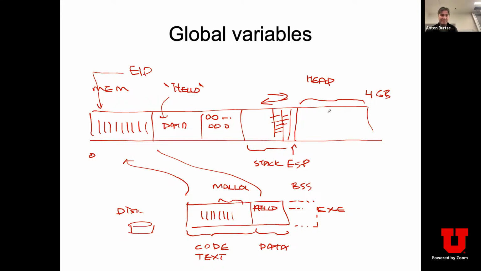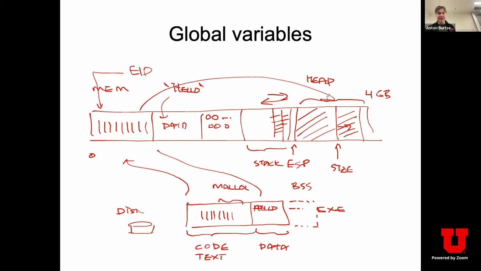It says, look, I will allocate you some space here on the heap, and your current size of the process address space is this size, for example. If you need more memory, you will move this size forward and allocate even more. And out of this memory, your malloc function will pick some chunks to allocate smallish variables. That's how it executes when you run a program.